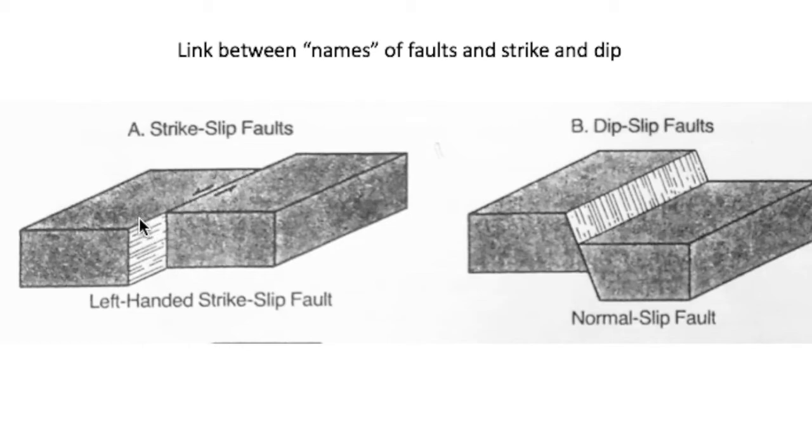Here we have a vertical fault, and this block on the right has moved sort of into the screen. So the slip is parallel to strike, so we call it a strike-slip fault. And there's another kind of fault called a dip-slip fault. If this block had moved downward instead of sideways, we would call that a dip-slip fault.